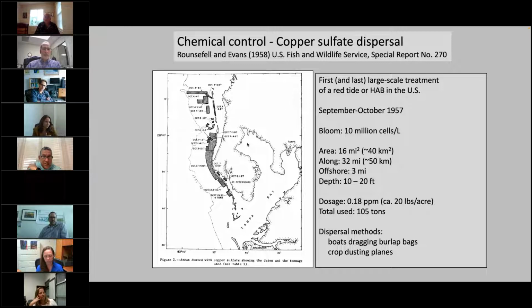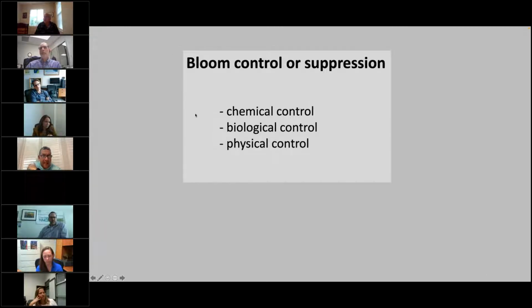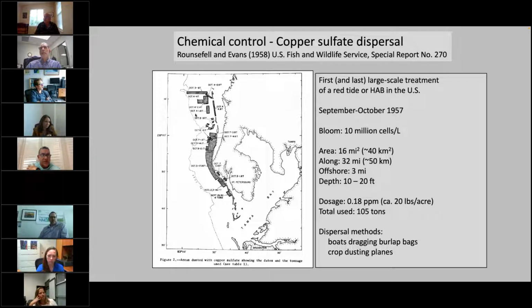They did this during an active red tide that had 10 million cells per liter, so pretty much similar to what you can get these days. And they did it with crop dusting planes and dragging burlap bags behind ships.